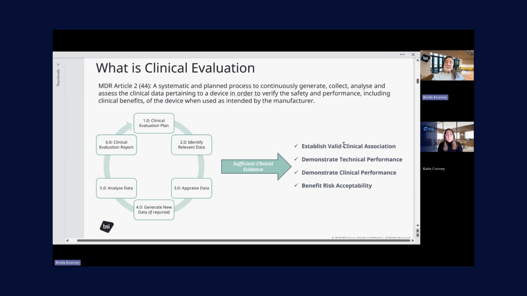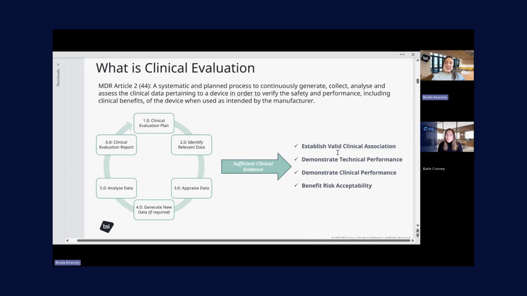So we need to establish if there's a valid clinical association. We then need to demonstrate performance, but it's both technical performance and clinical performance. And then lastly, we have to demonstrate that the benefit risk is considered acceptable.